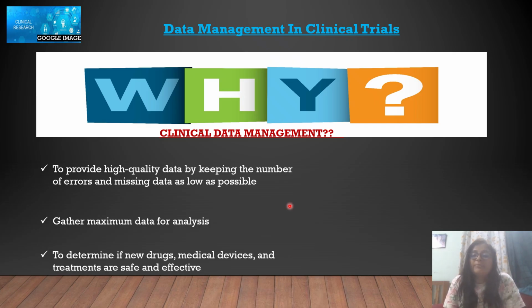If any clinical trial is going on, there is a lot of data. If it is not managed properly, there will be errors and loss in data, and the result will not be satisfactory, or not in accordance with what the clinical trial was done for.